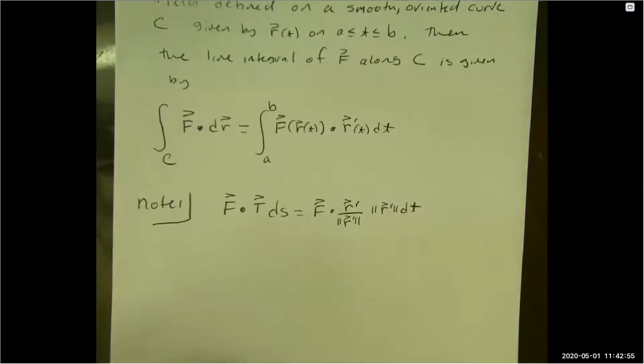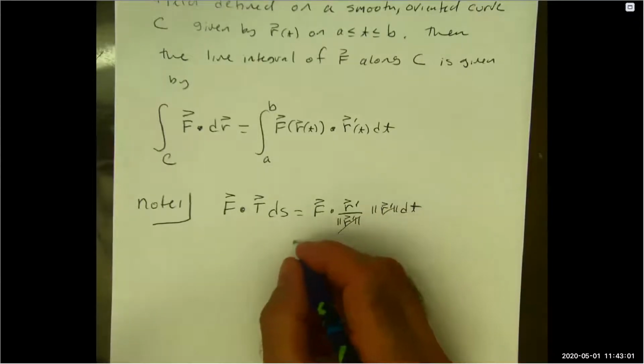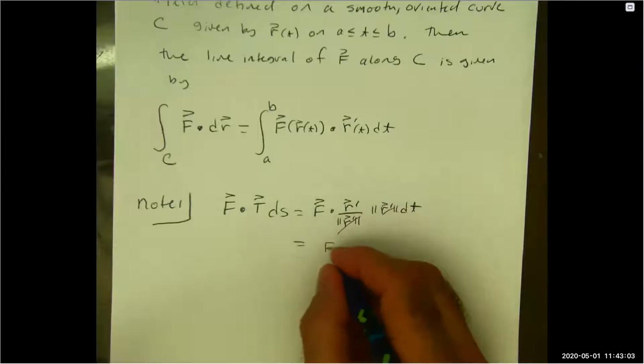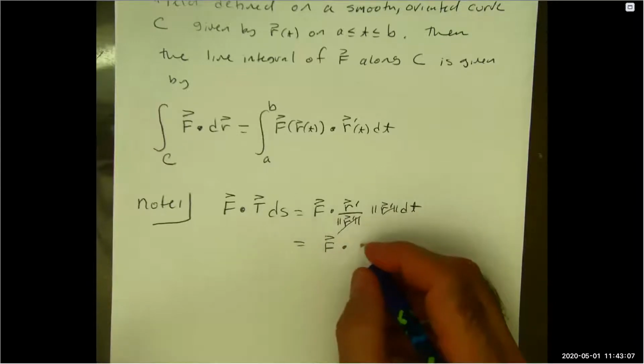And so we can cancel these, and we see that this is the same thing as F dotted with r prime.